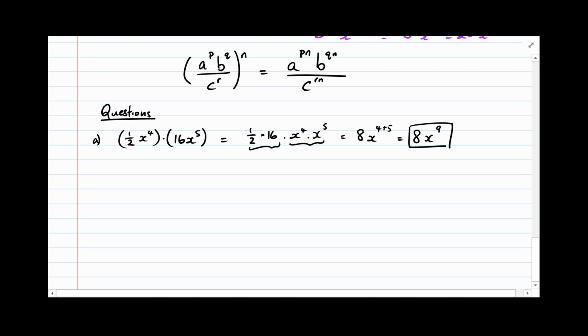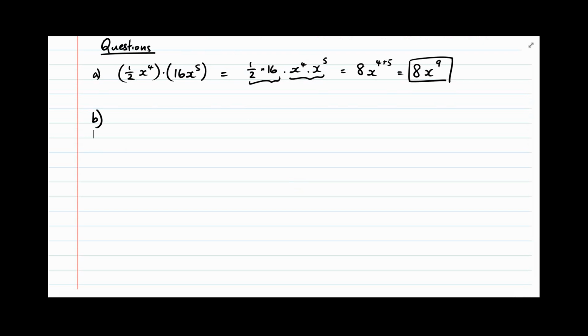Let's get a bit more creative than this, and let's look at part B. So 6x cubed to the 2nd power, 2x squared to the 3rd power, and we want to multiply that by 3x squared all to the 0th power.